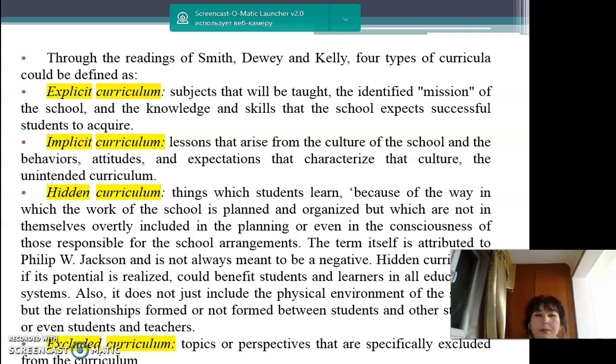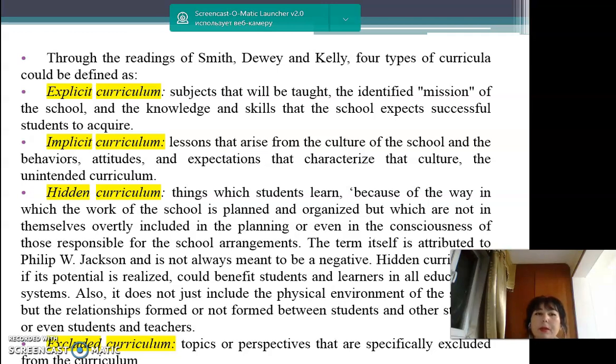Hidden curriculum, things which students learn because of the way in which the work of school is planned and organized, but which are not in themselves overtly included in the planning, or even in the consciousness of those responsible for the school arrangements. The term itself is attributed to Philip Jackson and is not always meant to be a negative.